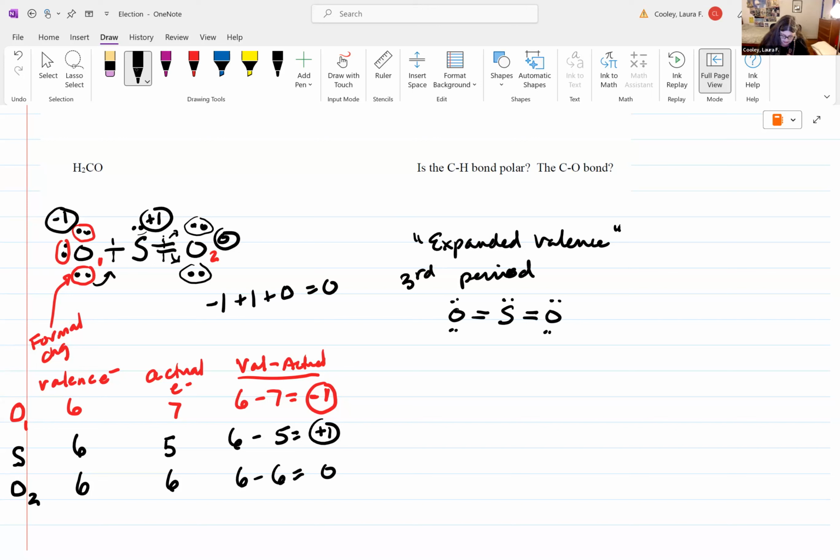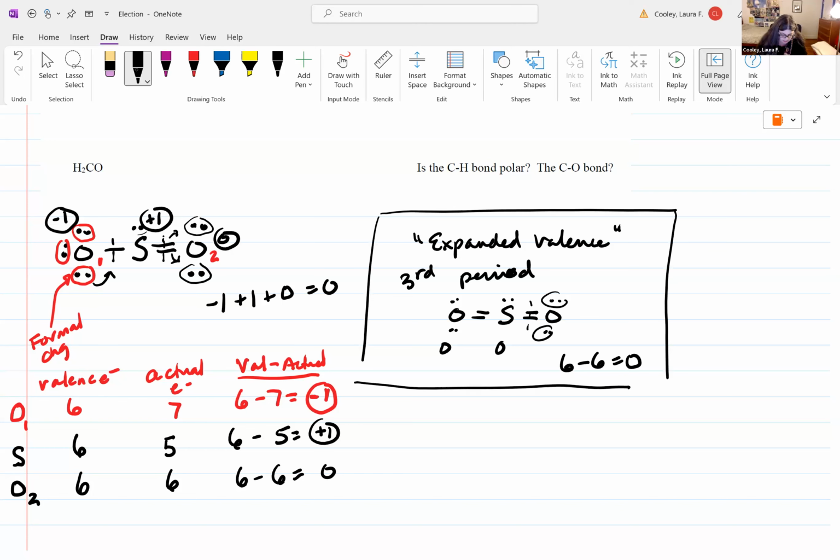This would give everything a formal charge of 0. All the atoms have 6 electrons each, 1, 2, 3, 4, and half of these. So that would be 6 minus 6, or 0. This would be 0. This would be 0. So this is a better Lewis structure, but it is an exception because we have a sulfur here.